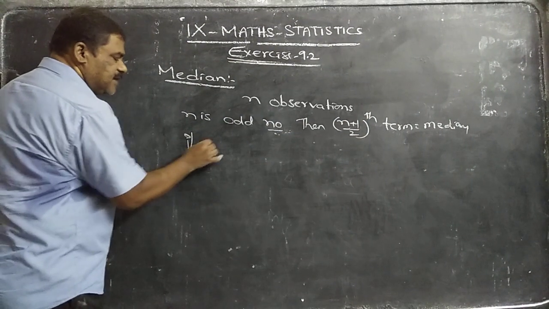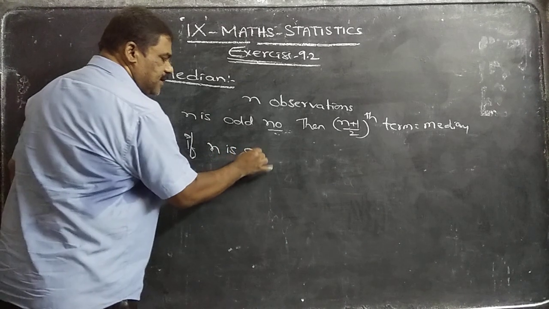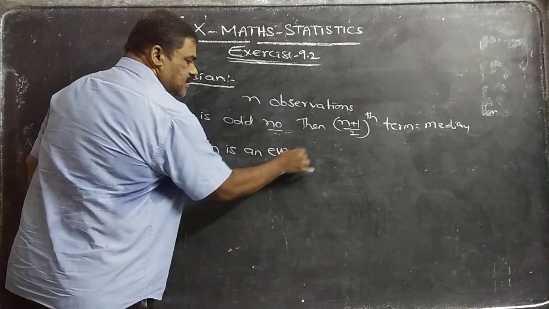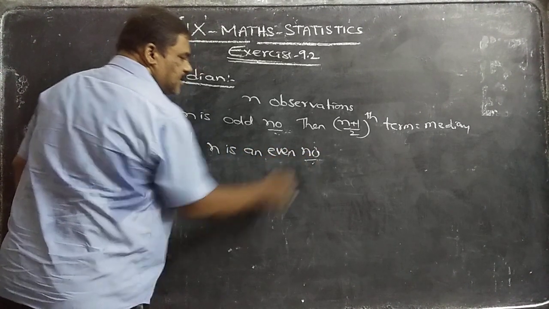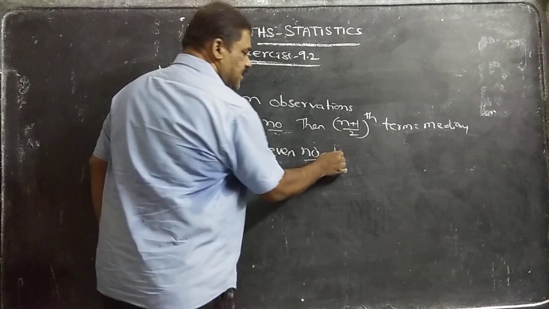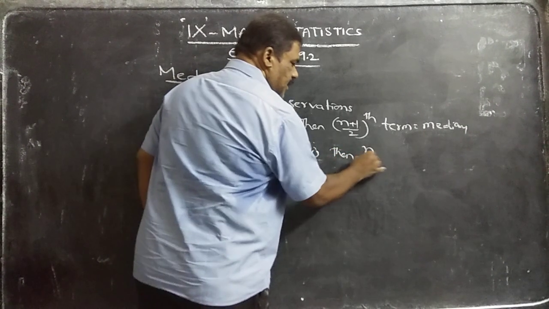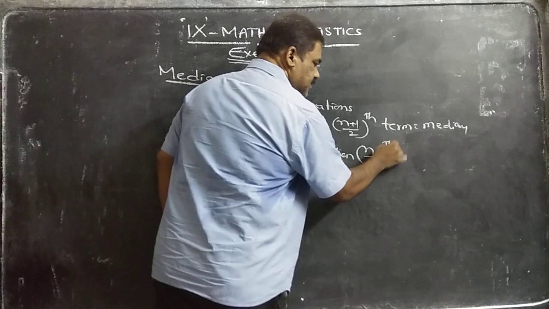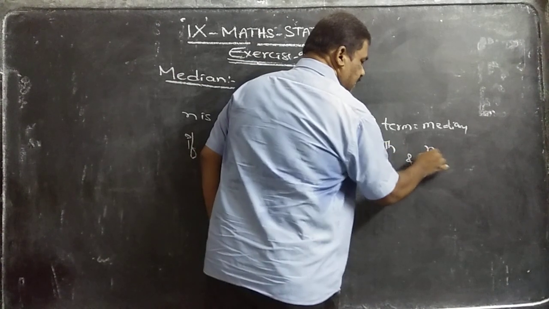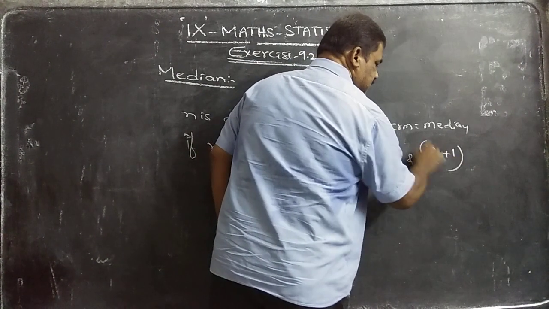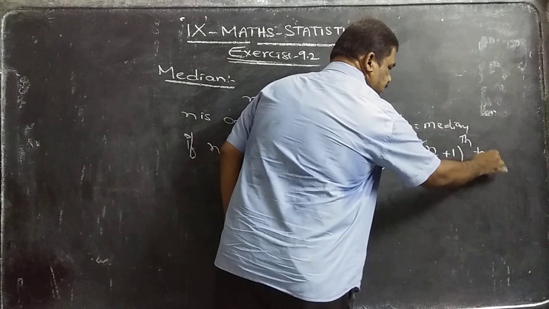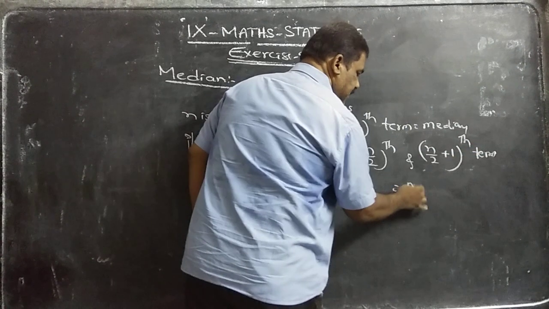If the number of observations n is an even number, then the n by 2th term and the n by 2 plus 1th term, these are the medians.